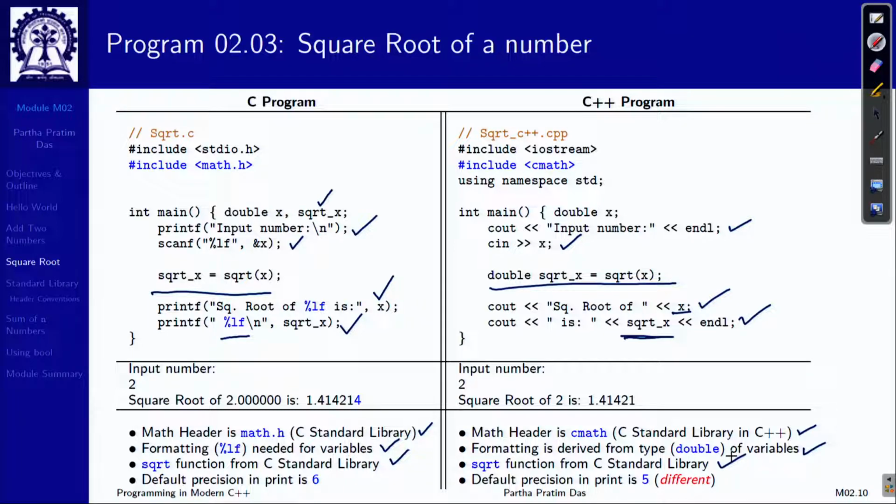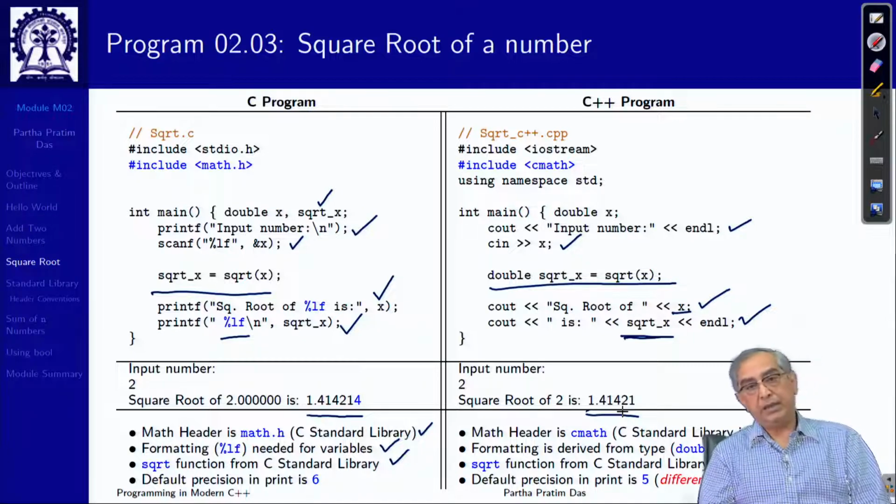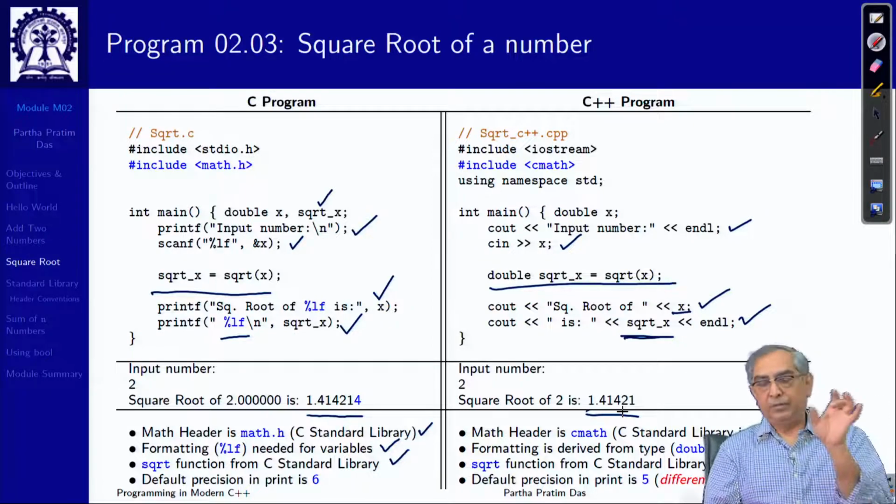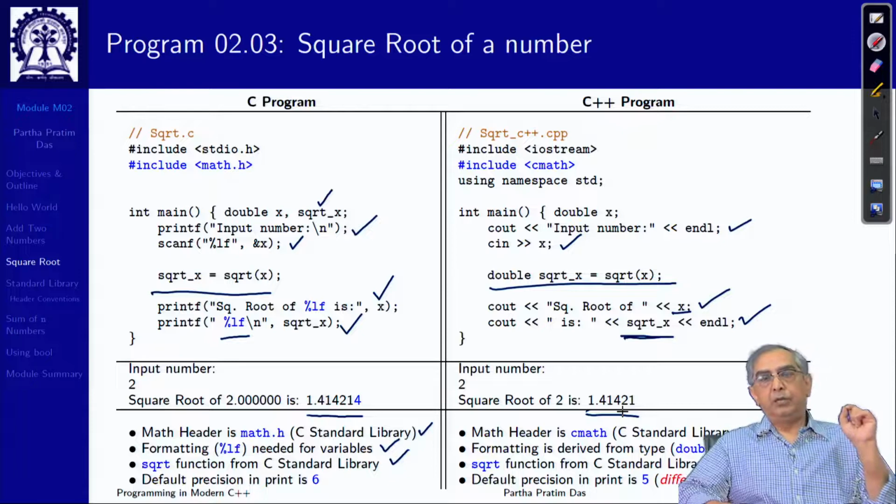Of course, you see that there is a difference in the precision of printing. Here you can see that in C you are printing up to 6 decimal points, that is precision is 6, whereas here you are printing 5. This is for the default setting of the compiler that is doing C as well as C++. Later on we will show how to control this. In C you know how to do that, the size.precision kind of qualifier with the format string.